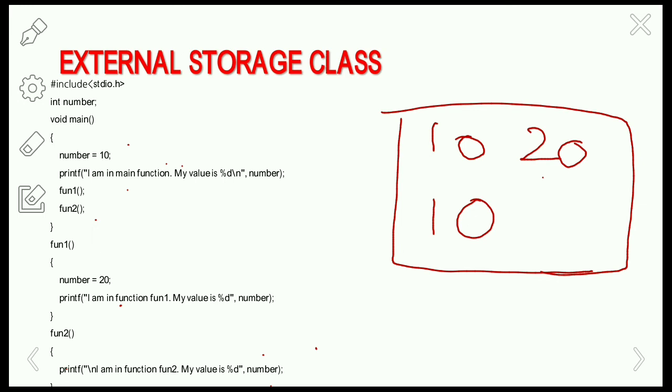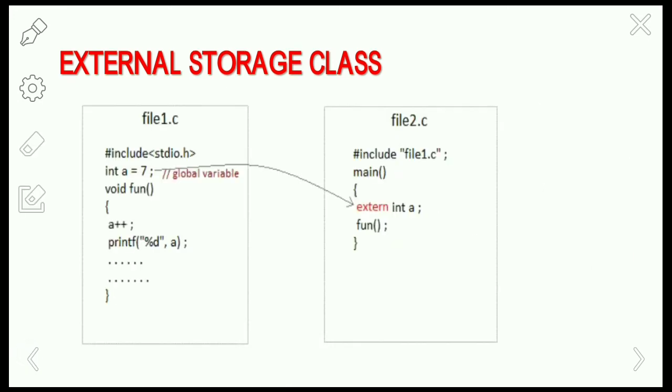So when there is a chance of printing the number with the same variable, the local variable will be given more priority than the global variable for the external storage class. And here, we have accessed the global variable from the other program using the extern keyword. But in the static storage class, it is not possible to access the global variable from another function or another program.